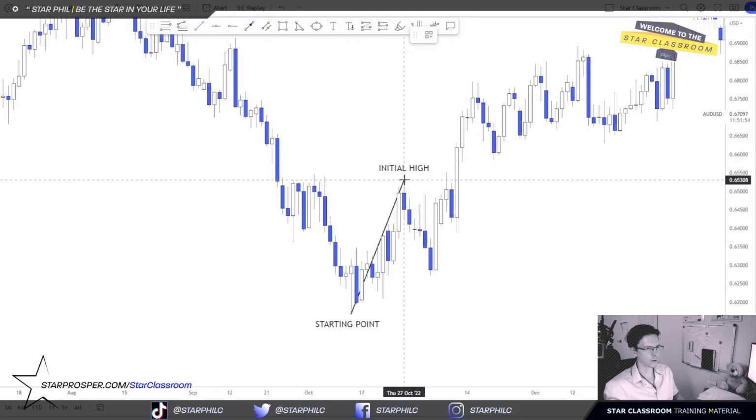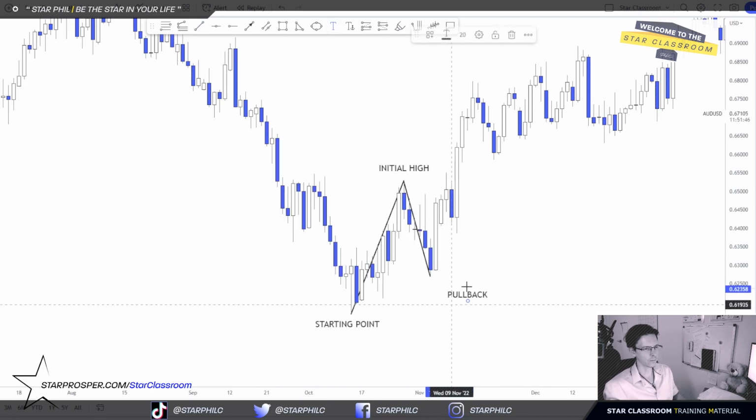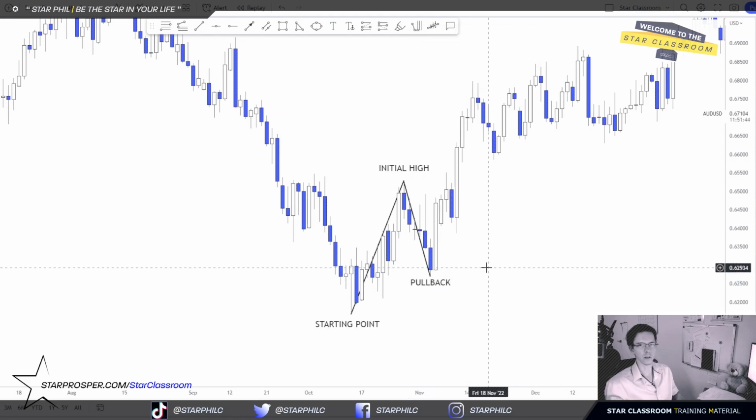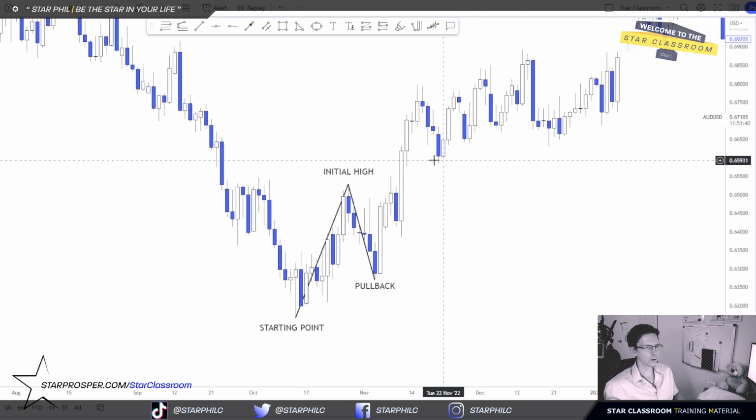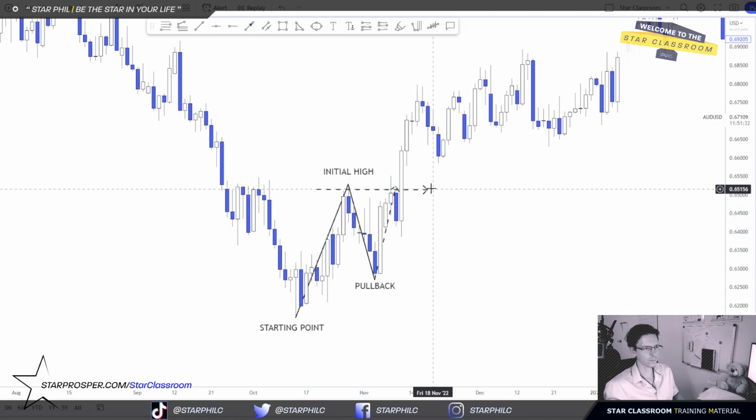Price action puts in a retracement here, which gives us our pullback. And what are we looking for from here? What are we looking for? Price action comes up here and retests this high.